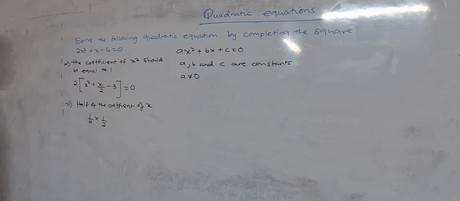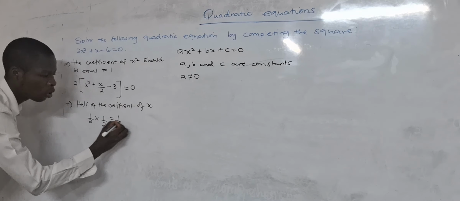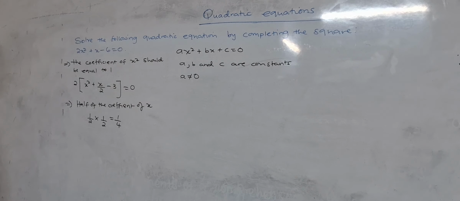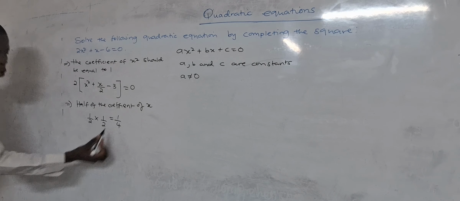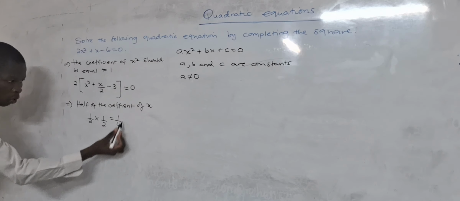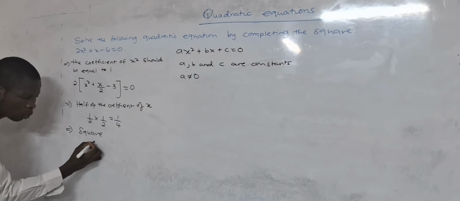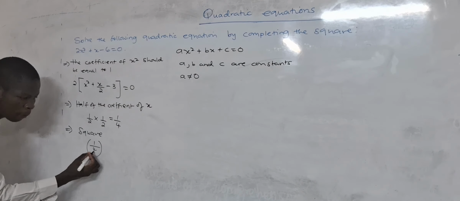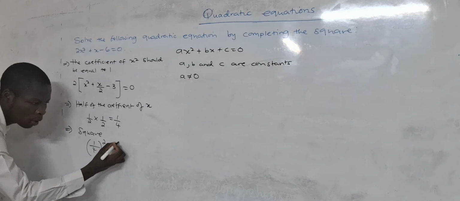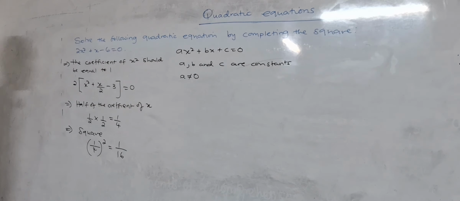What is the answer? This is equal to 1 divided by 4. You square this value. If you square 1 by 4 to the power 2, this will give you 1 by 16.